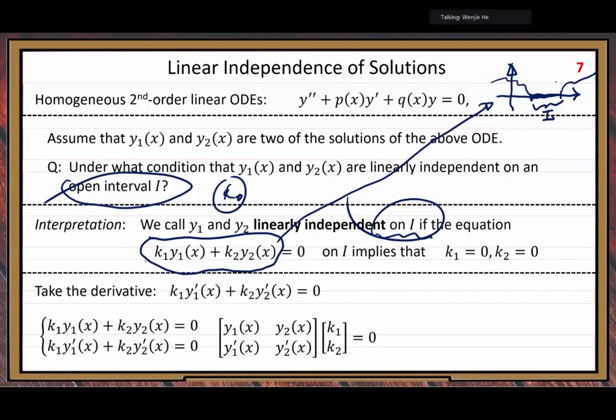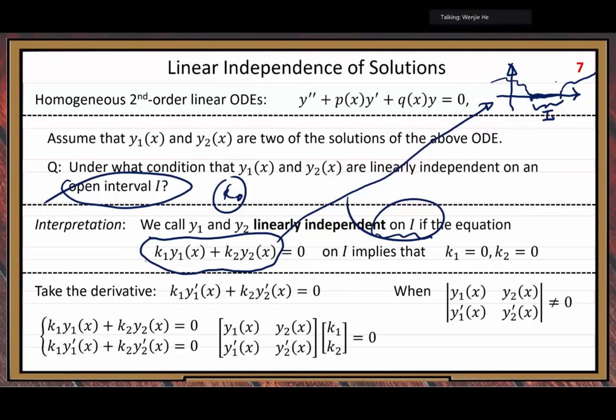Let me give you a critical property you need to apply here: the determinant, the vertical bars around this matrix.